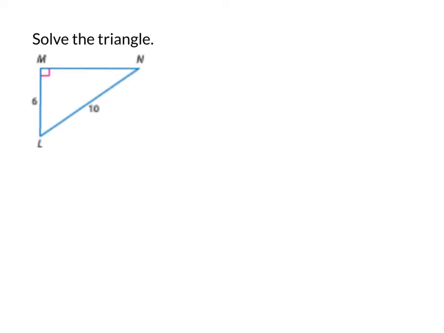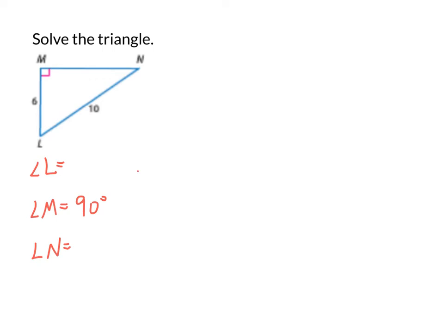So let's finish up with one more of the solve the triangle type of problem. In order to set the problem up, it's a good idea to first just write out, we got angle L, angle M, and angle N. And of all of these, the only thing I know is that angle M is 90 degrees.